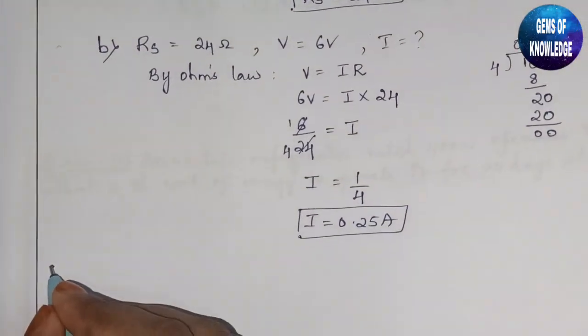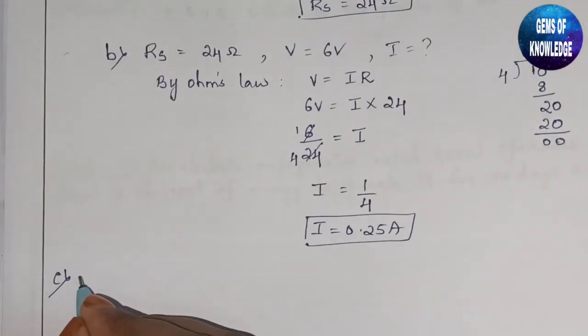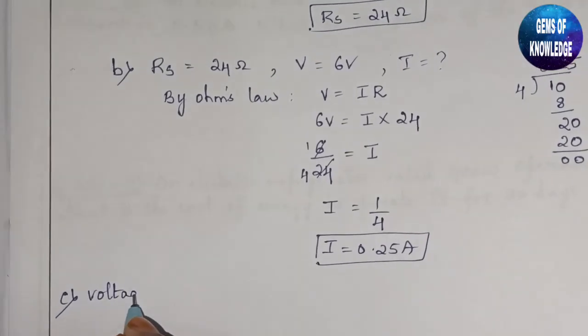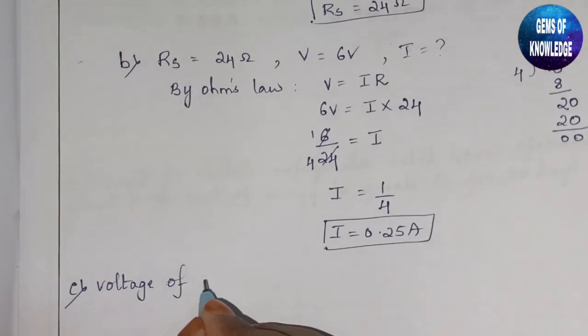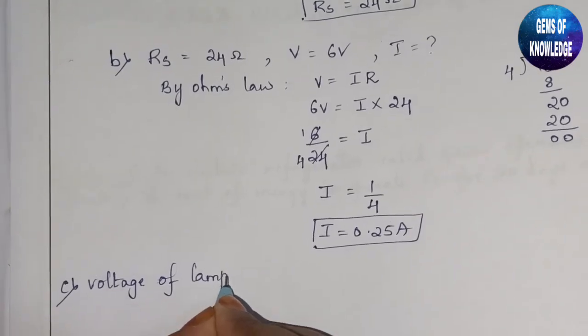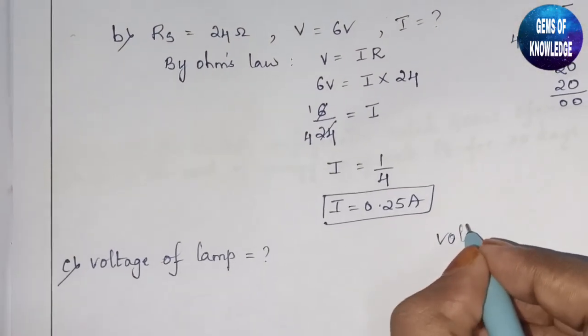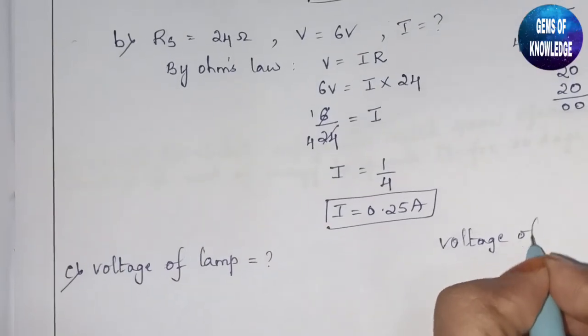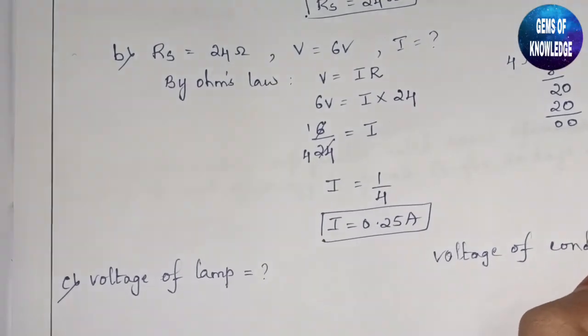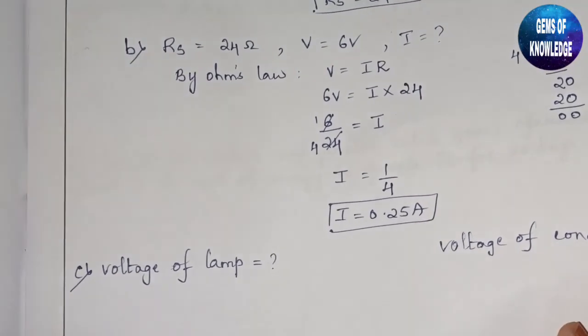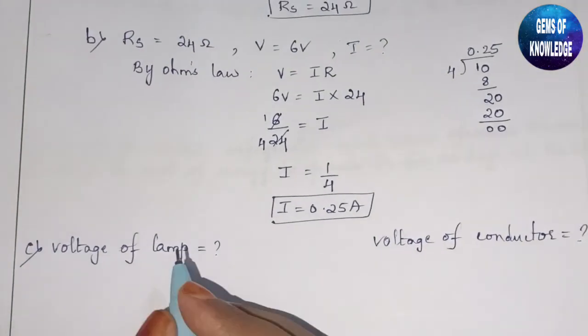Now C1. Voltage or potential difference: voltage of lamp, we need to find out, then we need to find out voltage of conductor. We need to find out both.